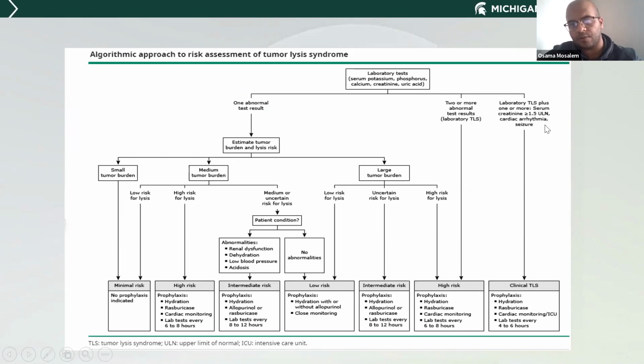If you have a laboratory diagnosis of tumor lysis syndrome plus one of the 3 that we mentioned, which qualify them for clinical tumor lysis syndrome, elevated creatinine, cardiac arrhythmia or seizures, then these patients should be hydrated, given rasburicase, and have cardiac monitoring or ICU admission, with lab tests every 4 to 6 hours. And for anything else, with one abnormal test, you look at the risk for tumor lysis syndrome according to the tumor burden, and you classify them and manage accordingly.